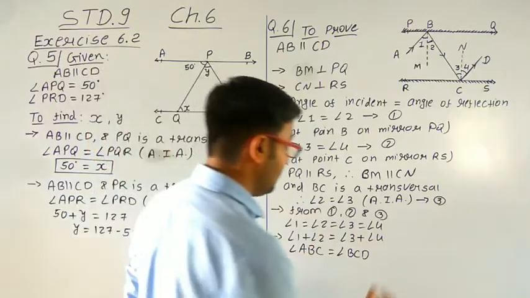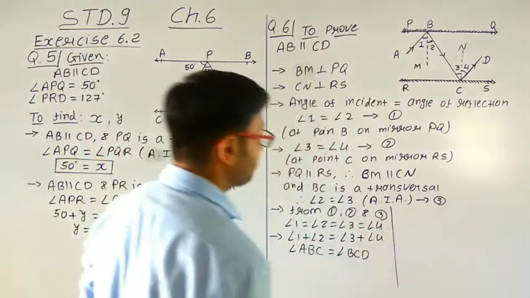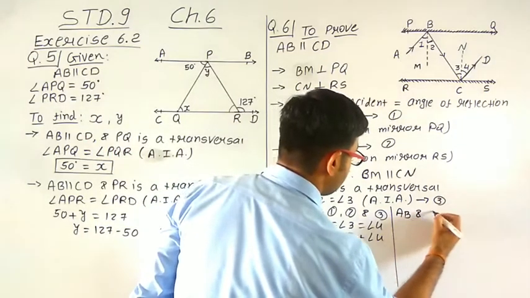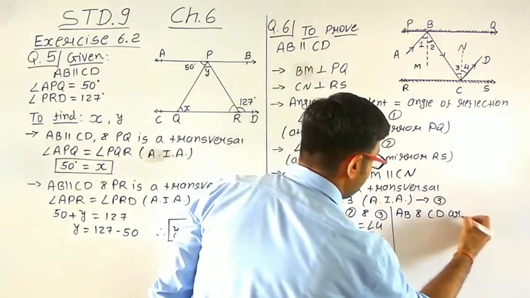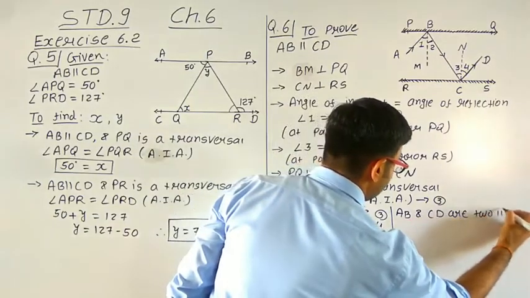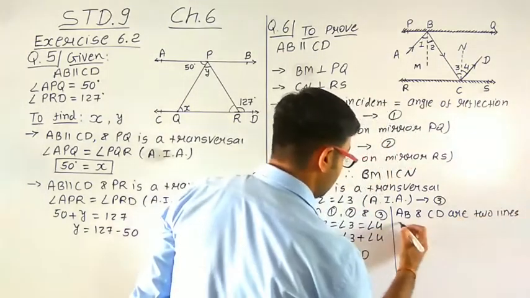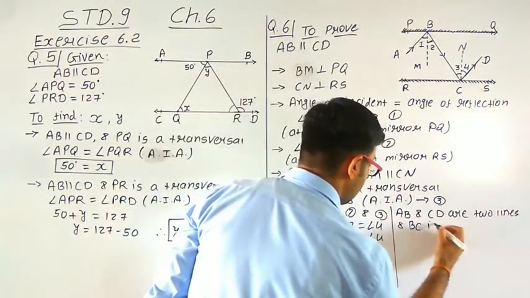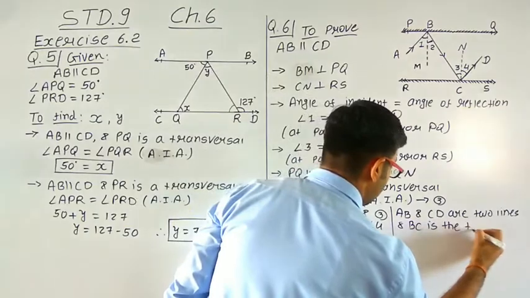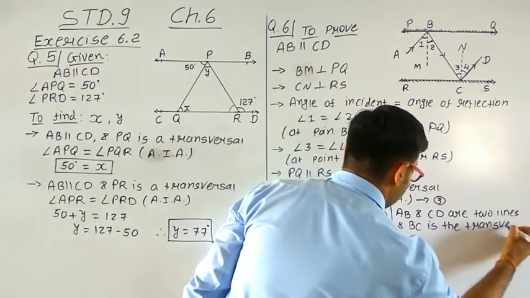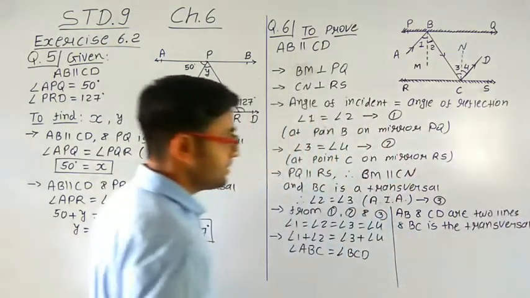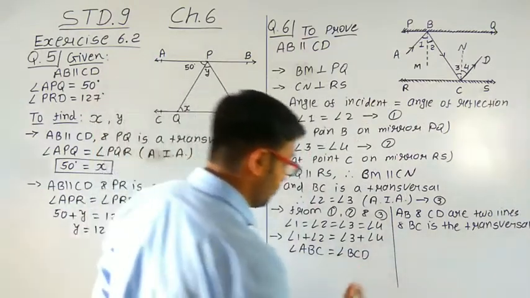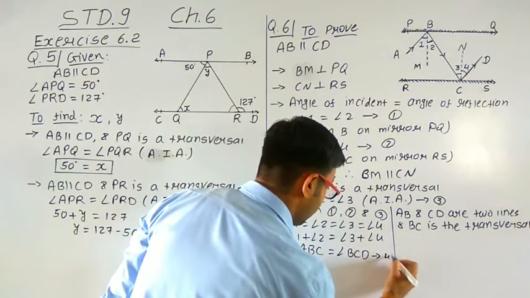So if we consider AB and CD as two lines, and BC is the transversal, and these two angles are equal, give it equation number 4.